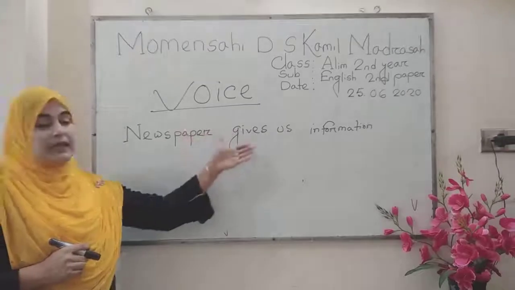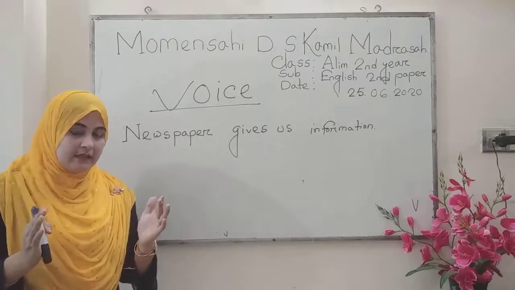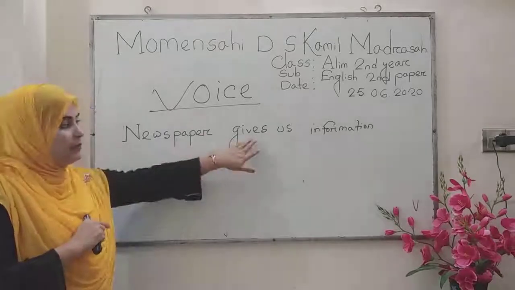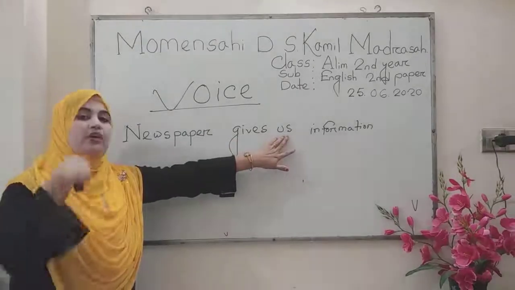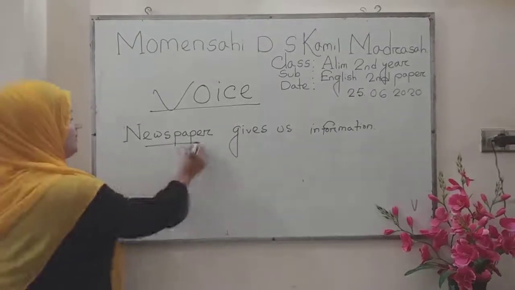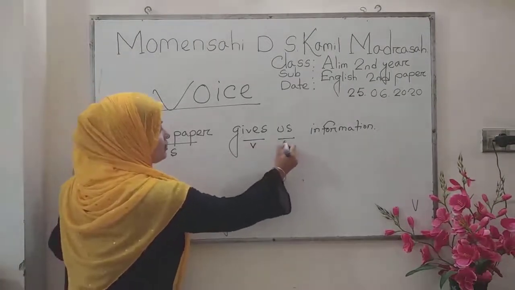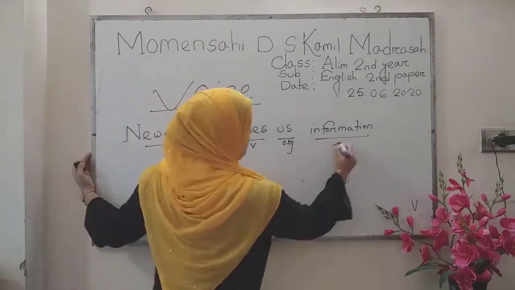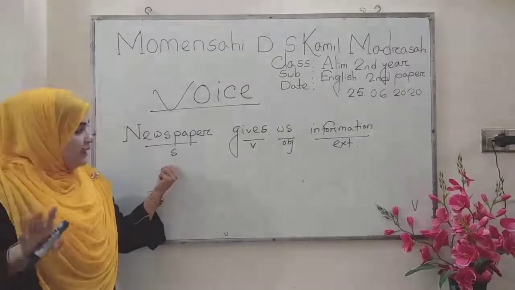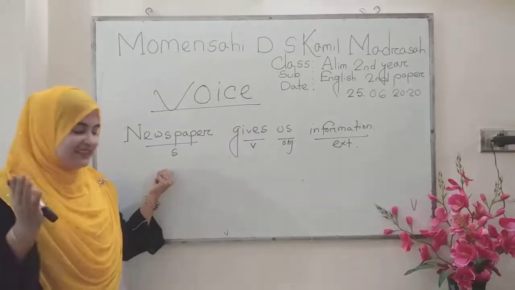Newspaper gives us information. So, I think you can clearly divide what is the subject and verb and the object and also the extension. Am I right? Okay, that is the subject. And also it is the verb and object and then extension. Already I think it is done by you. Am I right? Thank you.